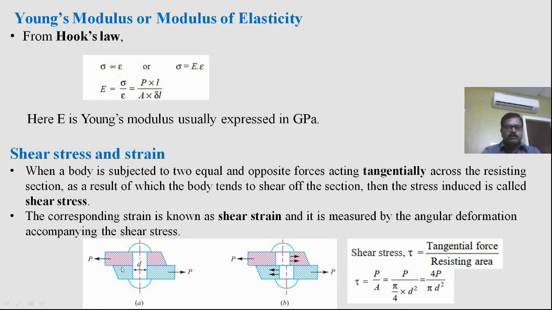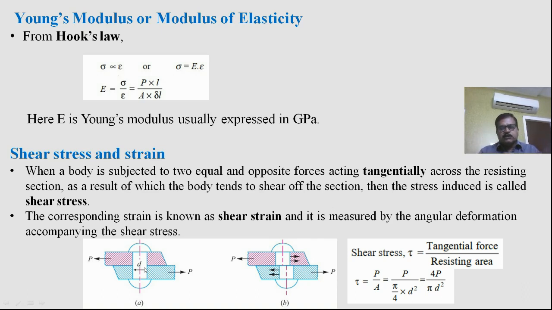When the two plates are subjected to forces like this, the pink one is pulled to the left and the blue one is pulled to the right, and that results in the force on the rivet which is in the tangential direction to its cross section. That force is acting along the cross section. So that results in the shear of the member.